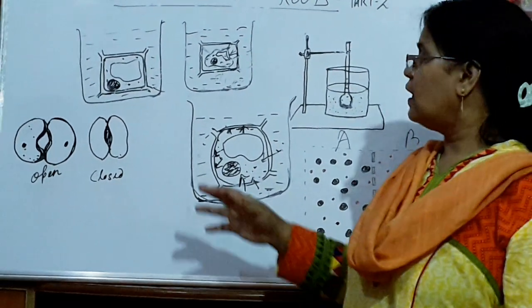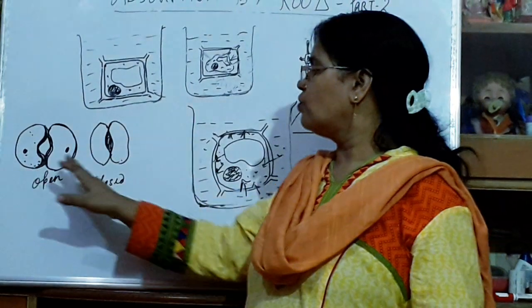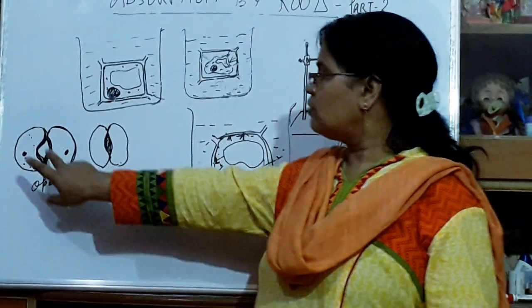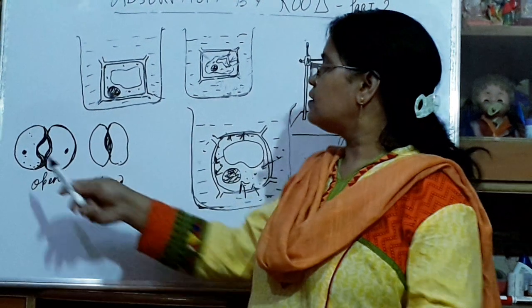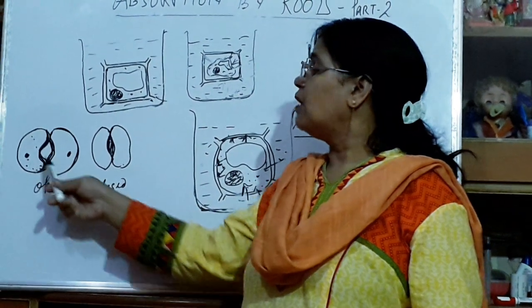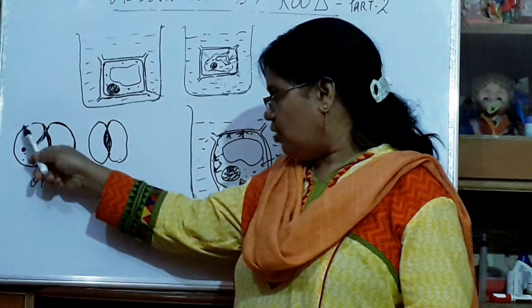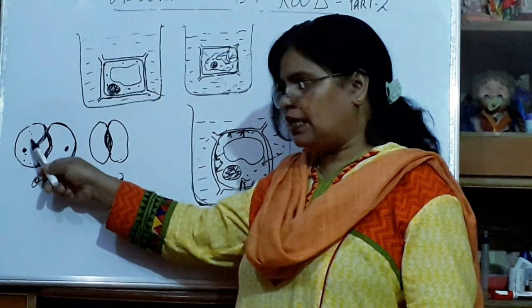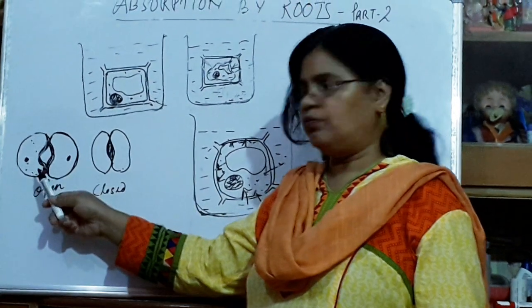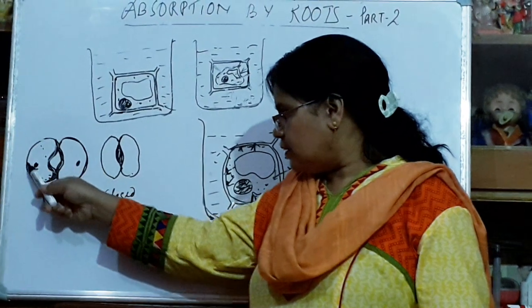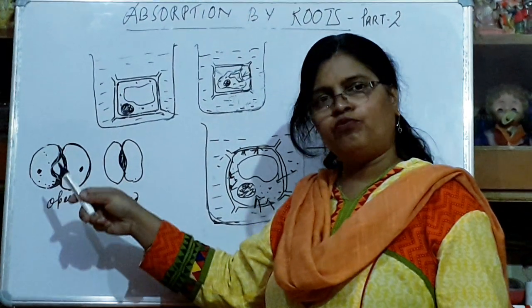As well, turgor pressure helps in the opening and closing of stomata. These are called the guard cells. When these guard cells become turgid, the inner wall is thicker than the outer wall. The cell content exerts pressure on the cell wall, but the outer cell wall cannot bear more force.